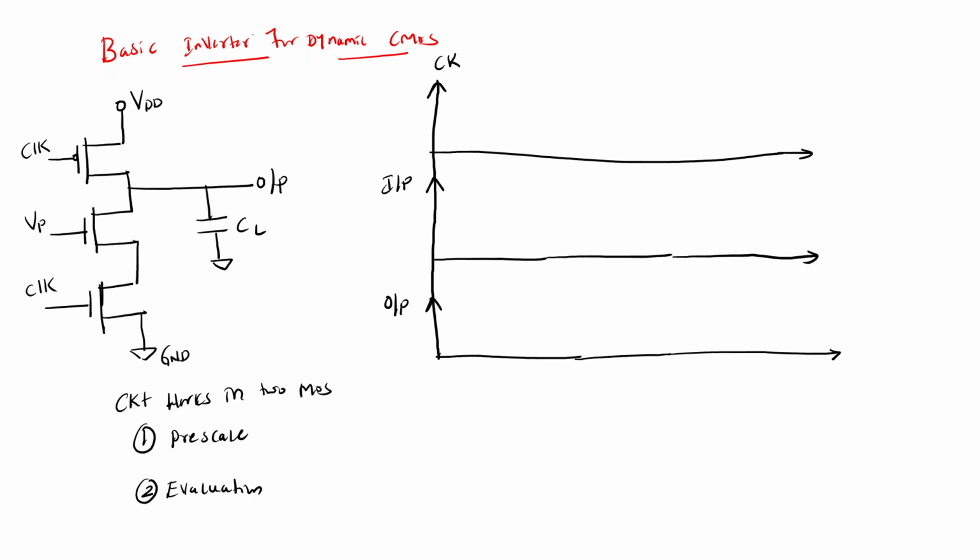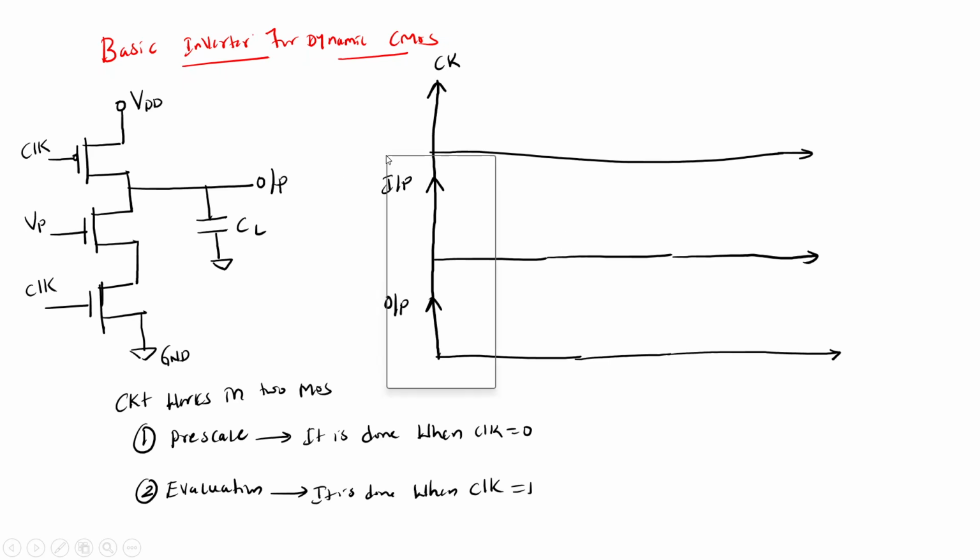Precharge mode is done when clock is 0. Evaluation mode is done when clock is 1. So precharge mode will be done when clock is 0, and evaluation mode will be done when clock is 1.